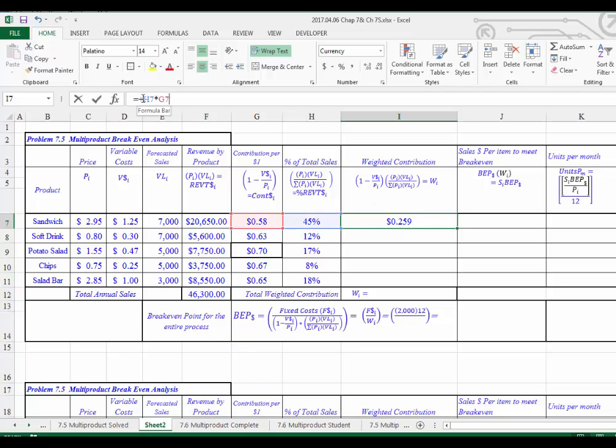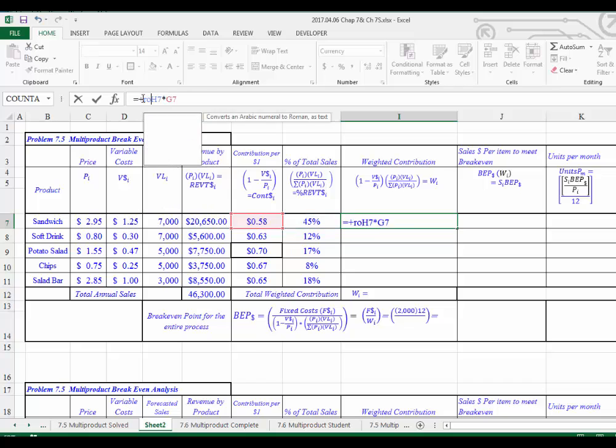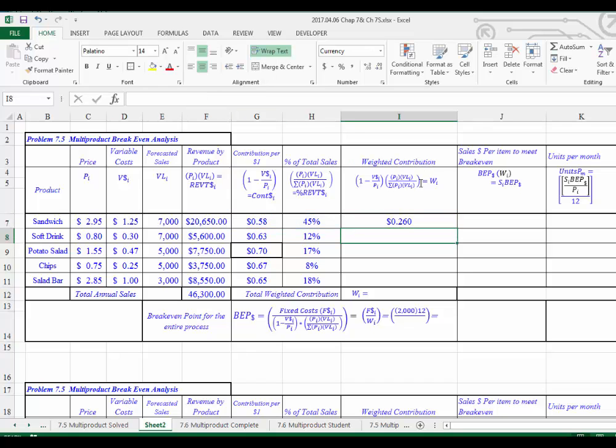Now, we need to round this again because remember we decided we're doing this all at 2 decimal places because dollars and cents are 2 decimal places. So we're going to cut that down here. Whoops, wrong way. And then we're just going to pull it down. And there's all of our weighted averages.